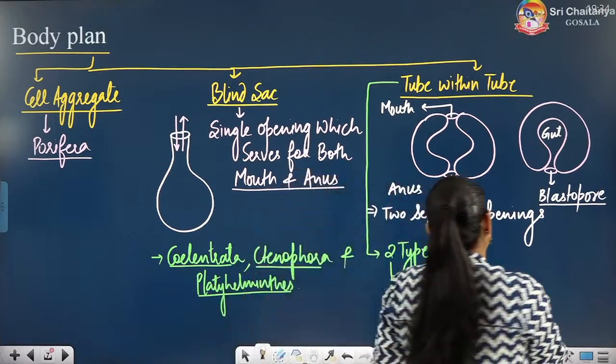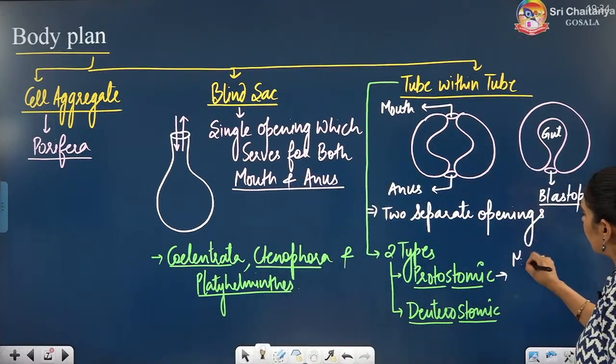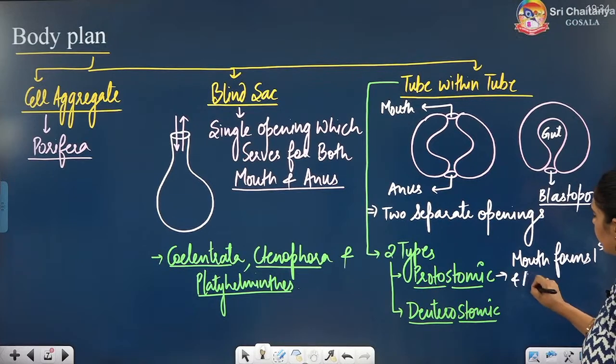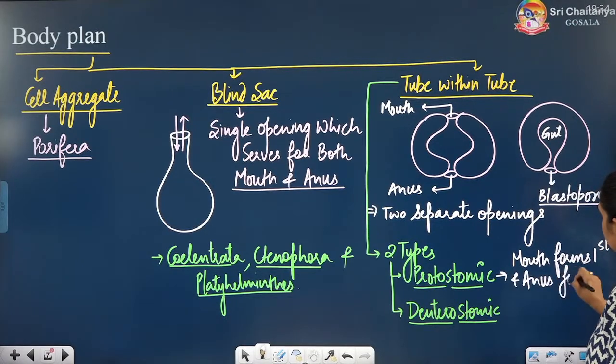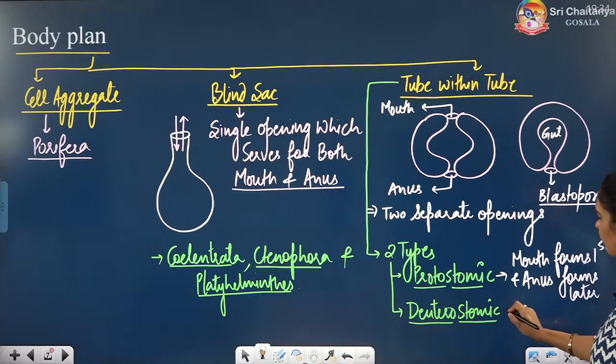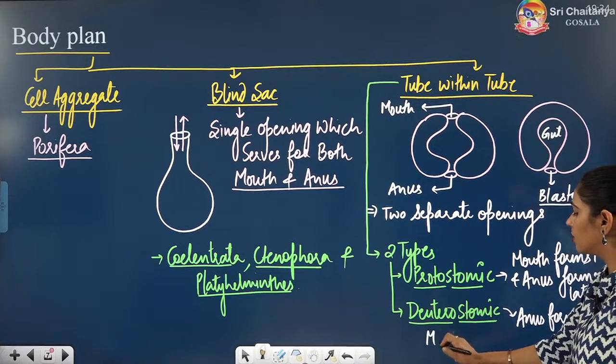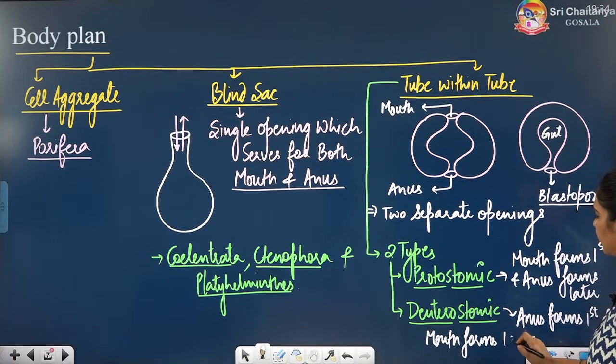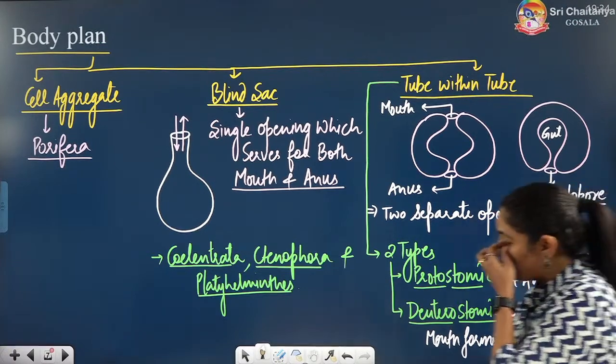So, in the protostomic body plan, the mouth forms first and the anus forms later. In case of the deuterostomic body plan, the anus forms first and the mouth forms later.